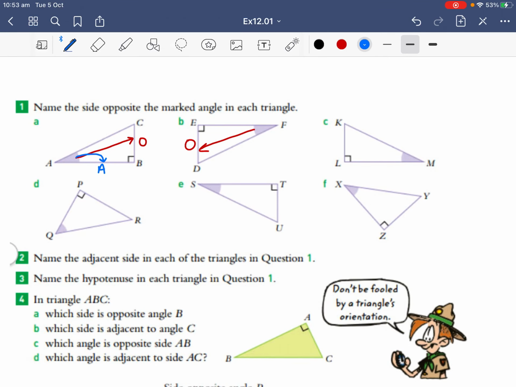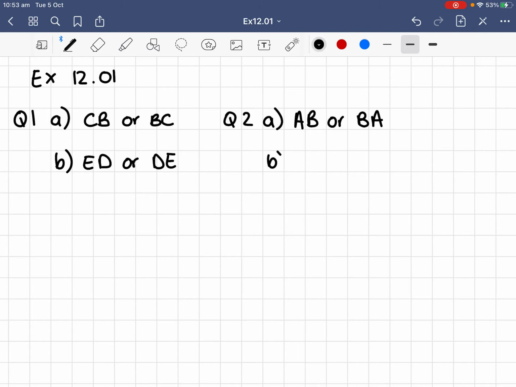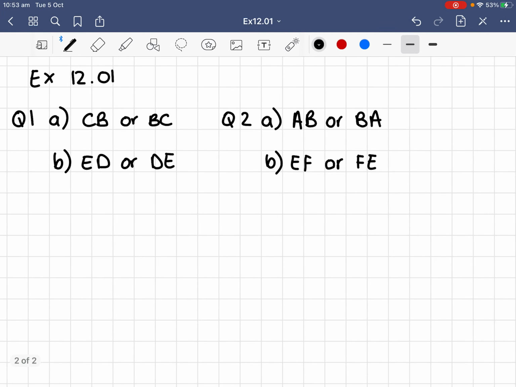Then if we were to look at part B, the adjacent side is the side next to the angle. So we draw an arrow going across to the side, and it's in between our right angle and our angle. And so this is our adjacent side, and it is labeled EF or FE. Now, like I said, order does not matter there.